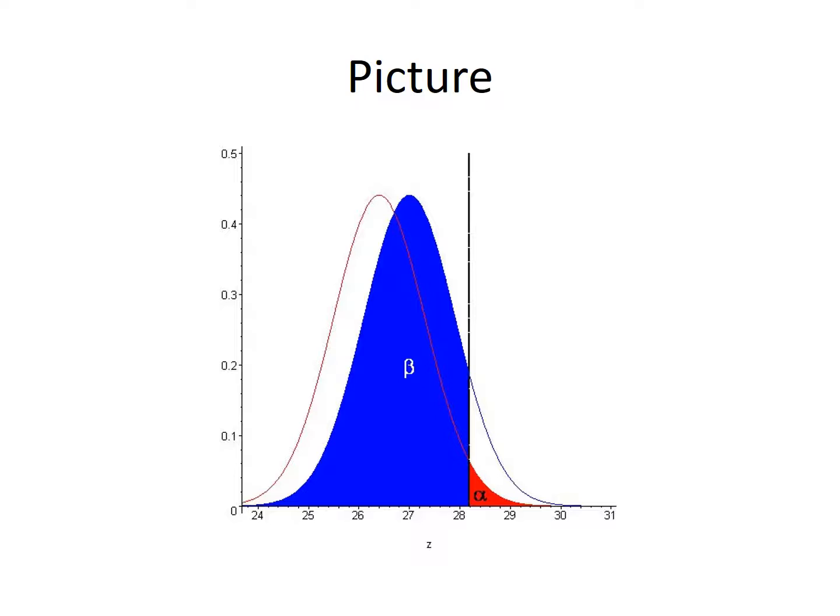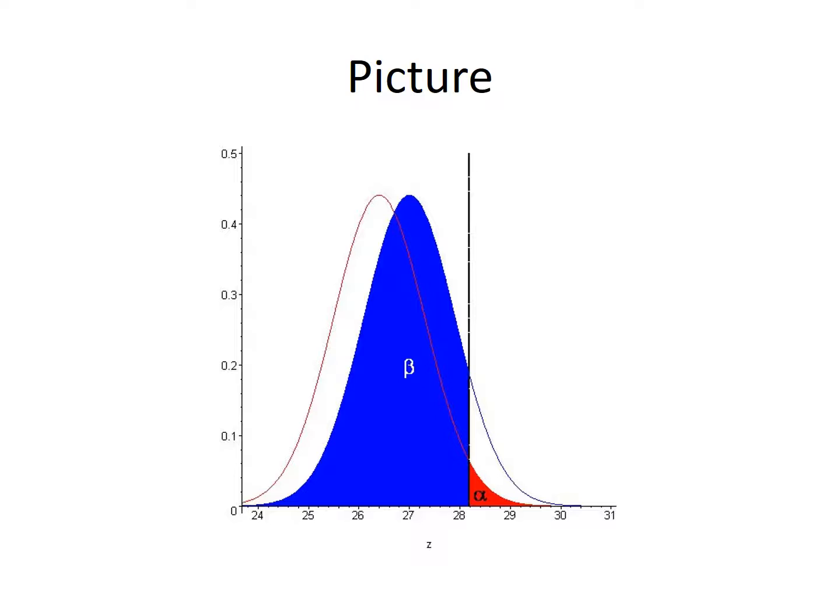We have a new curve centered at 27, that's in blue. That is the new curve that would suit the alternate claim that the researcher thinks that the average age is now 27. From that slice, that black vertical line, shade to the left.